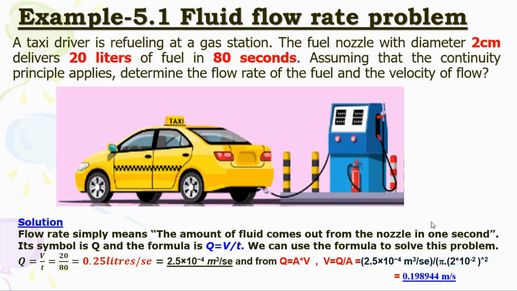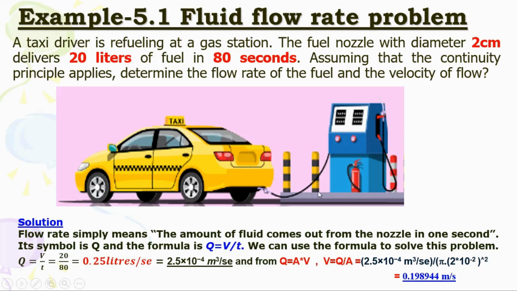A taxi driver is refilling at a gas station. The fuel nozzle with diameter 2 cm delivers 20 liters of fuel in 80 seconds. Assuming that the continuity principles apply, determine the flow rate of the fuel and the velocity of the flow.